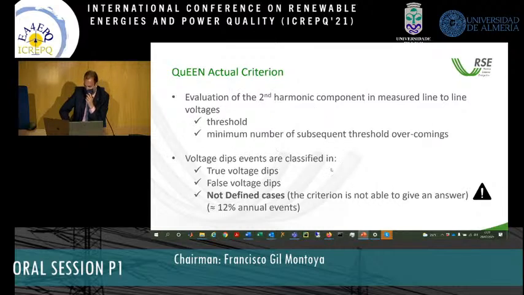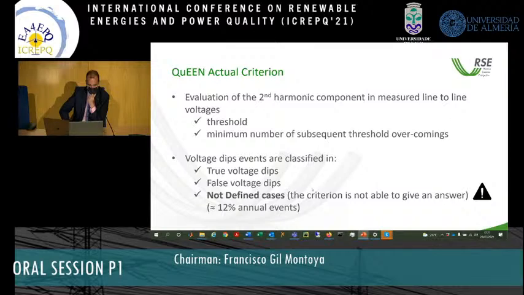When there is no second harmonic component, we have true voltage dips, and when the second harmonic overcomes the threshold and the minimum number of subsequent overcomings, we have false voltage dips.